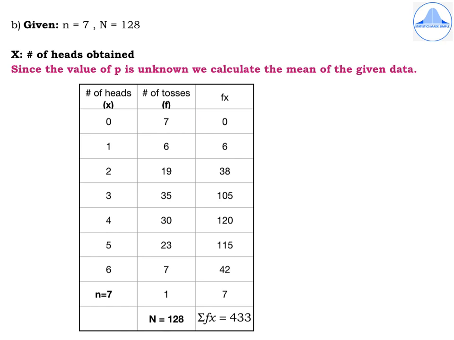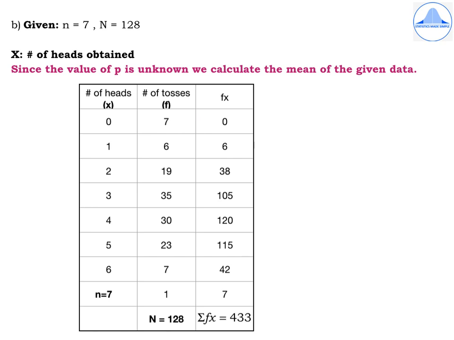Now, what is the next step? Because we don't know what is the parameter value P, we need to find out the mean of the given problem. So you see that the first column is X, the second column is F in the table. So it is like a discrete frequency distribution. We know what is the formula for a discrete frequency distribution to calculate the mean.